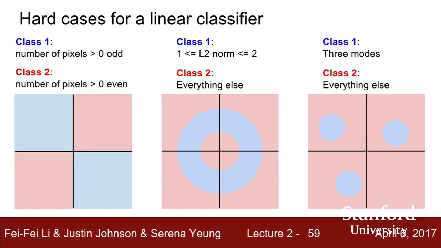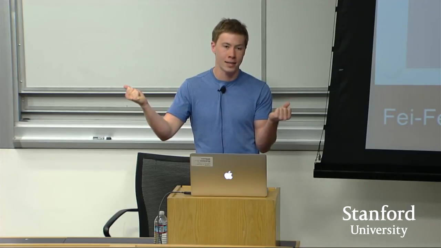Something like horses, as we saw in the previous example, is where this might actually happen in practice: there's maybe one island in the pixel space of horses looking to the left, and another island of horses looking to the right. Now there's no good way to draw a single linear boundary between these 2 isolated islands of data. So anytime you have multimodal data, like one class that can appear in different regions of space, is another place where linear classifiers might struggle.